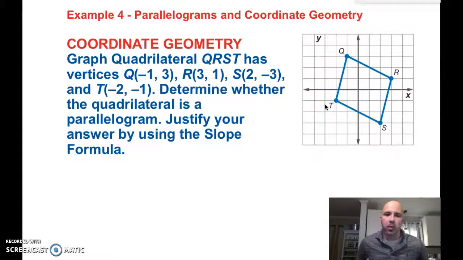You want to determine whether the quadrilateral is a parallelogram. Justify your answer by using the slope formula. And in a moment, I'm going to show you how to work this out on GeoGebra. So just give it a minute, and then I'll go ahead and work with you guys on this example.